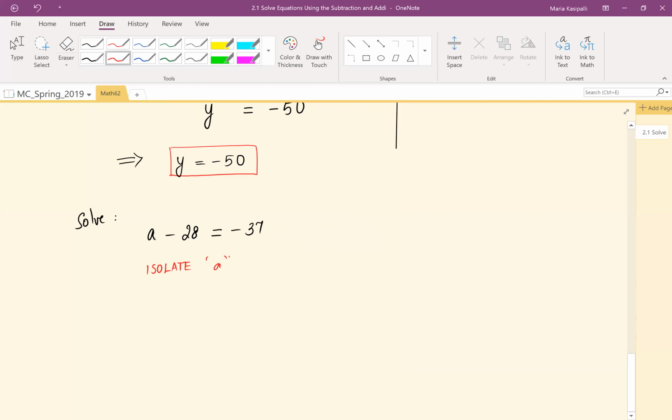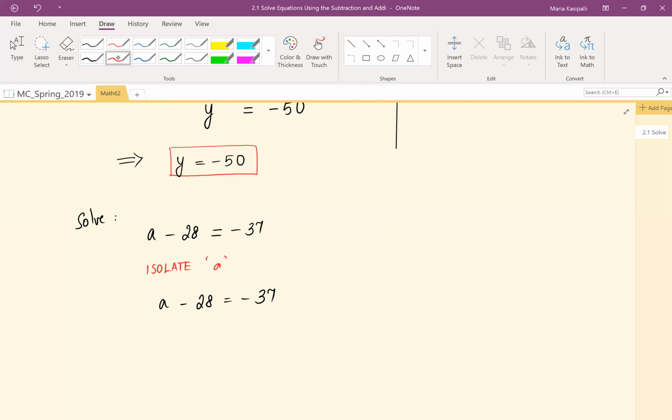Remember that we are not trying to guess here. We are trying to do it in a systematic manner. So even though maybe you're able to guess the answers, these are simple problems, so you're good. But with more advanced problems as we move through the course, you will find that knowing this technique is the way to go. So I have a minus 28 equals negative 37.